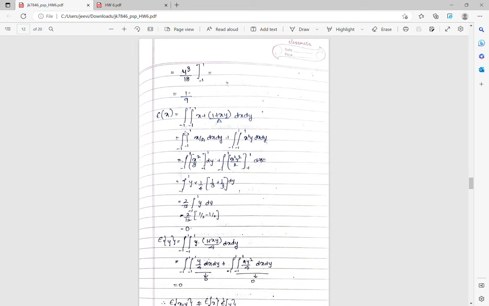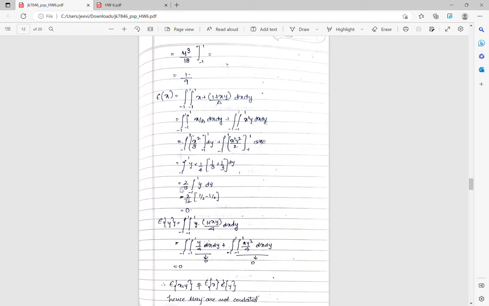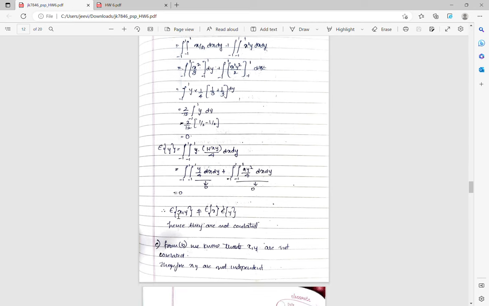Solving the integral, we will get that the expected value of x is equal to 0. Similarly, by taking the function for expected value of y, we will get its value is equal to 0 as well. Now since the expected value of xy is not equal to expected value of x into expected value of y, therefore they are not uncorrelated.